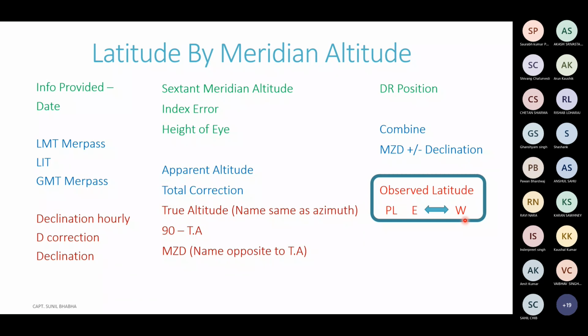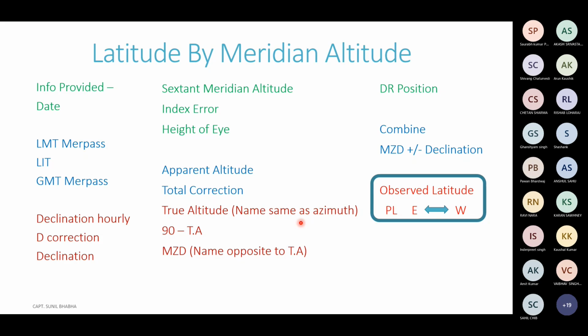Now, a doubt could arise in your mind that we have named the true altitude of the body same as azimuth. Now, how to obtain the azimuth of the body? How can we find out what is the azimuth of the body?